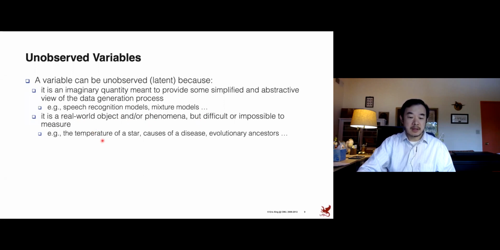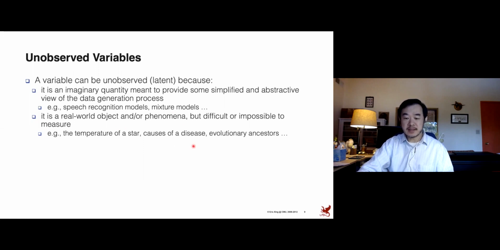For example, the temperature of a star. It's a real physical property, but you cannot fly to the star and put a thermometer there and measure it, right? So you observe the light or some kind of radiation from that star with your device, and then you run some procedure to infer, to calculate the temperature of the star. Therefore, the star temperature becomes a latent variable that you need to infer.